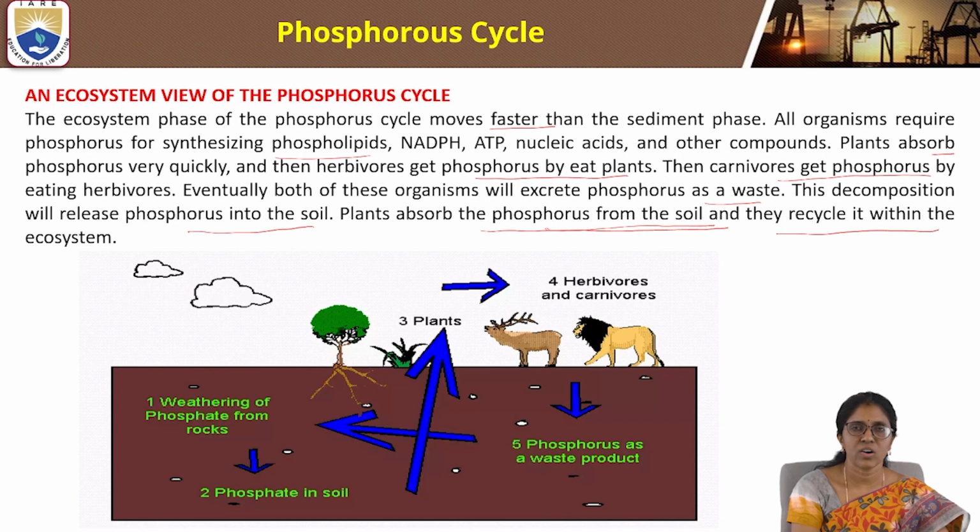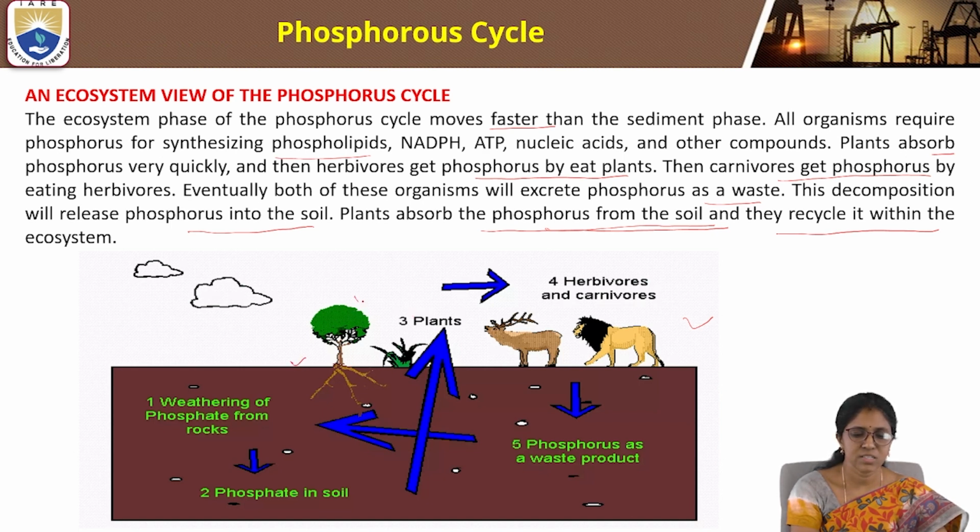All organisms require phosphorus for synthesizing phospholipids, NADPH, ATP, nucleic acids, and other phosphorus compounds. In this ecosystem, on land, the plants first absorb the phosphorus from the soil.